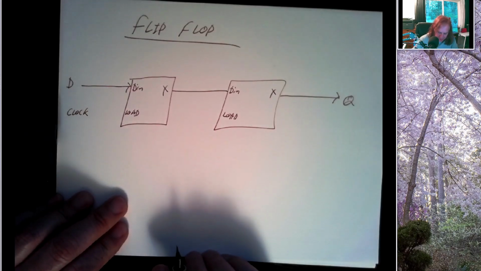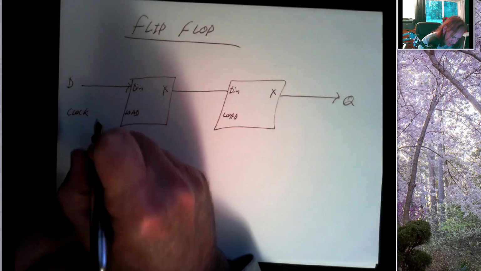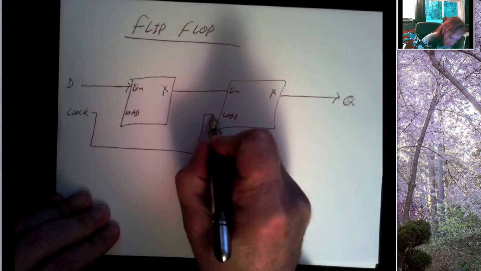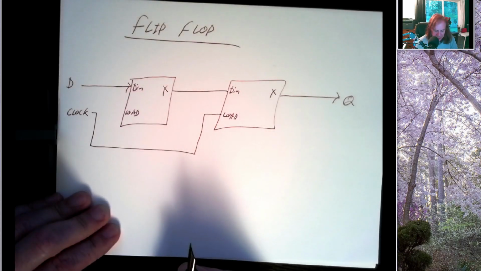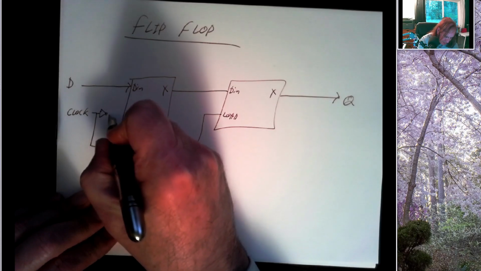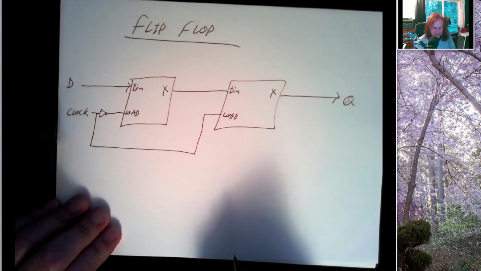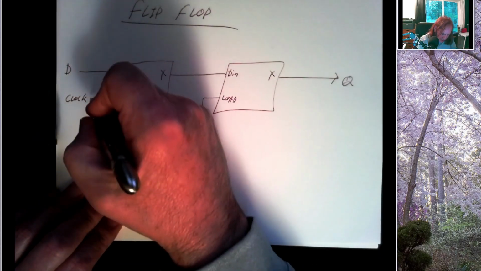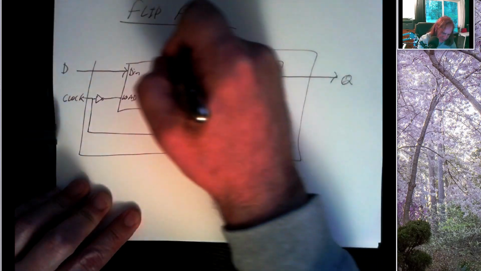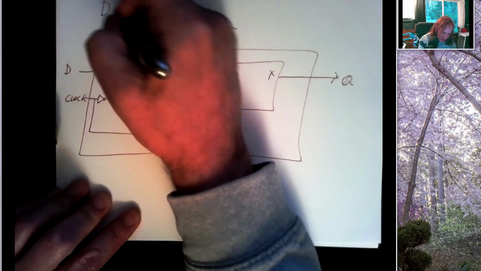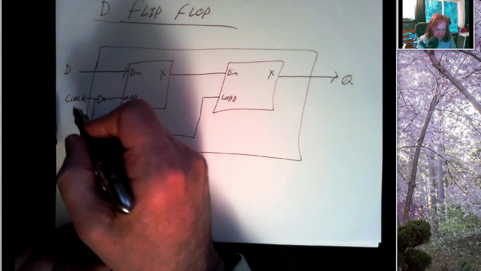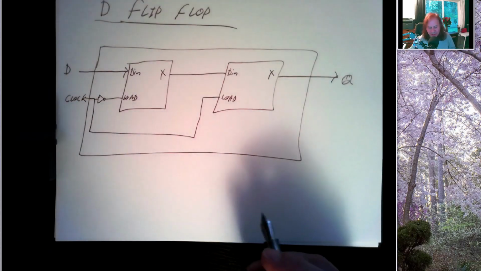I'm going to take the clock and feed it directly into this load line, but I'm going to run it through an inverter and feed it into this load line. And I'm going to think of this whole thing as a new type of device. This is going to be a D flip-flop. And it basically has a D input, it has a clock input, and it has a Q output.